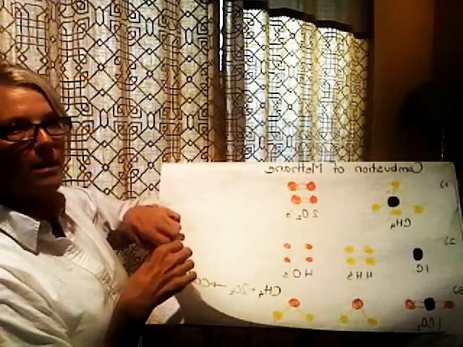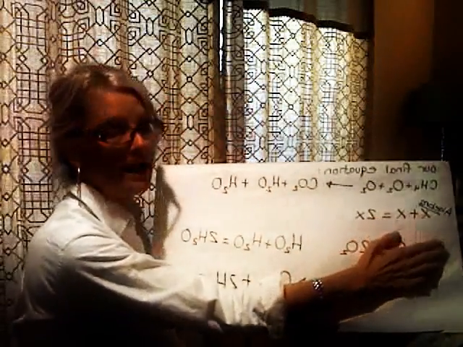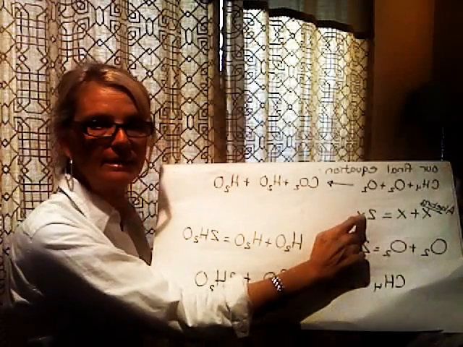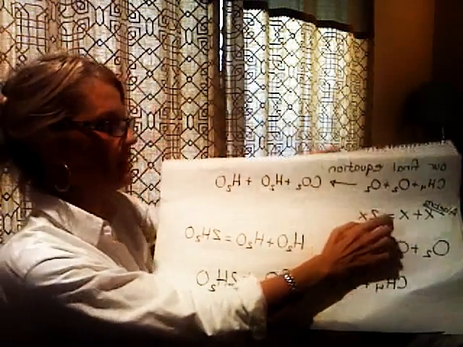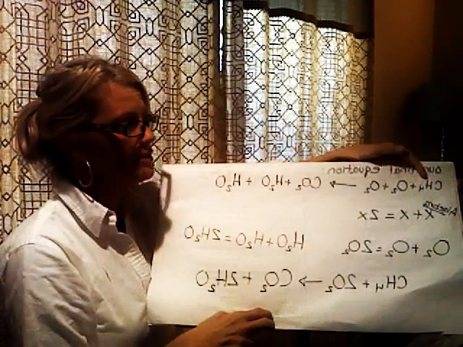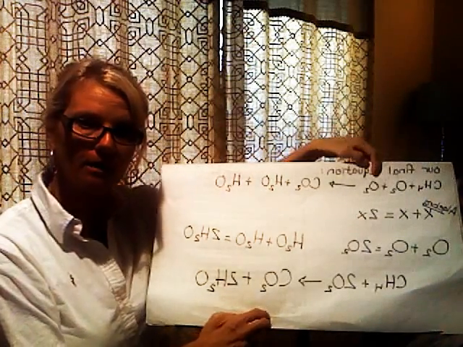Now, remember, we learned something in algebra. We learned that like terms you can add together. X plus X equals 2X. Same thing in chemistry we talked about. So really, at the end of our problem, we had CH4 plus an oxygen molecule and an oxygen molecule.